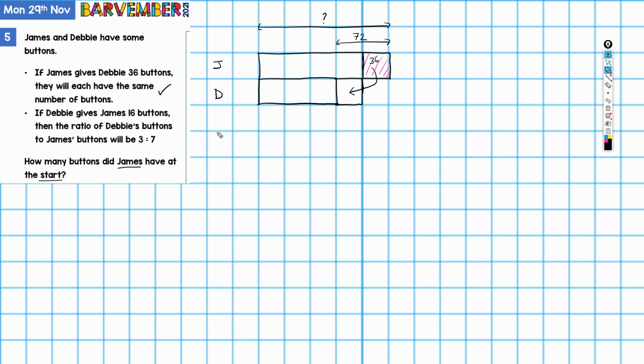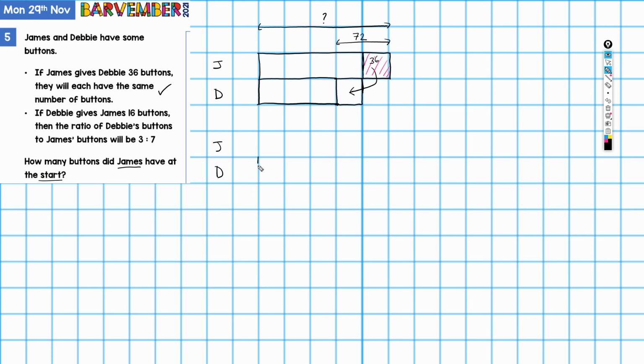So let's now draw this second scenario. If Debbie gives James 16 buttons, the ratio of Debbie's buttons to James's buttons will be 3:7. I'm still going to draw it with James and Debbie this way round.